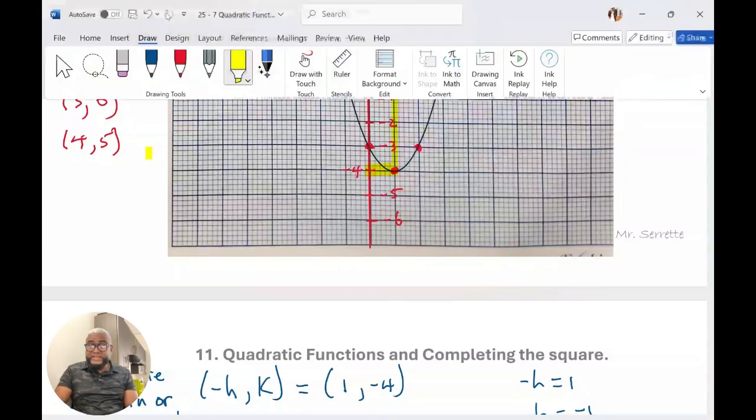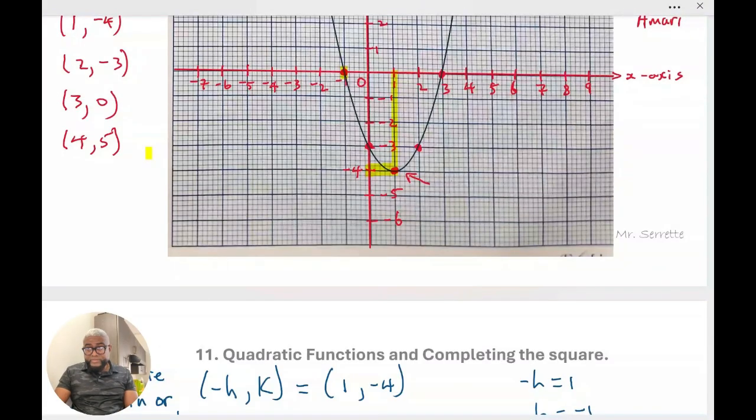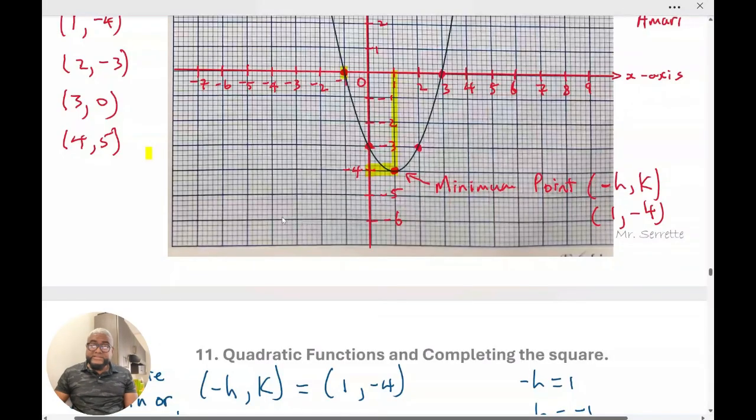Right, the lowest point is the minimum point. This here would be my minimum point. It's at the bottom. This is your -h comma k, right? In this case, it is actually 1 comma -4, which I told you all implies that h would be -1, right? Write this down on your graph.